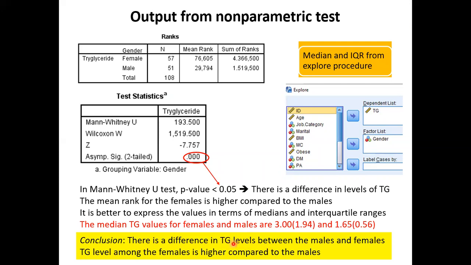We don't say mean TG because it's non-parametric. So TG levels among the females are higher compared to the males, right?